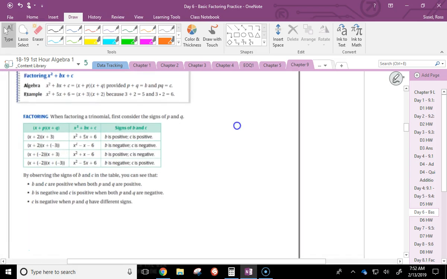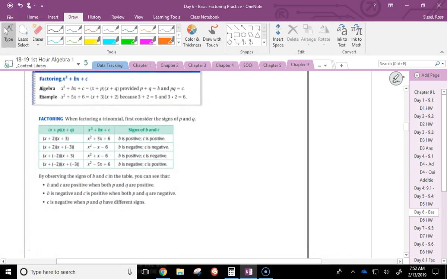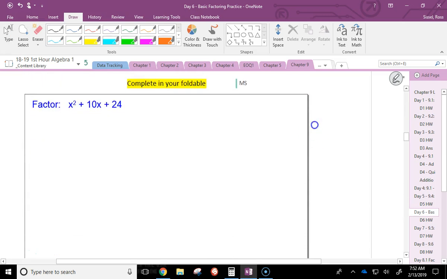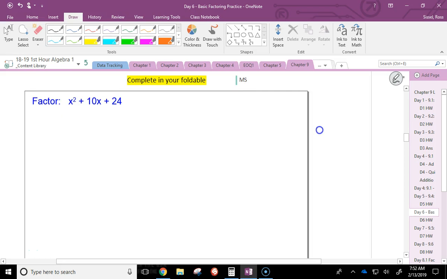We're not going to spend hardly any time on this. But it's kind of telling you when B and C are positive and positive, what the signs have to be in different situations. Some people's brains work that way. They love seeing that. You read through that and you totally get that. That's fantastic. Otherwise, I'm just going to show you the method that works very easily. So we're going to skip over that.